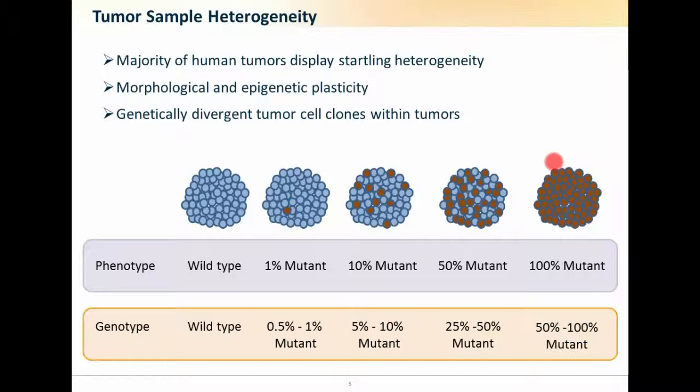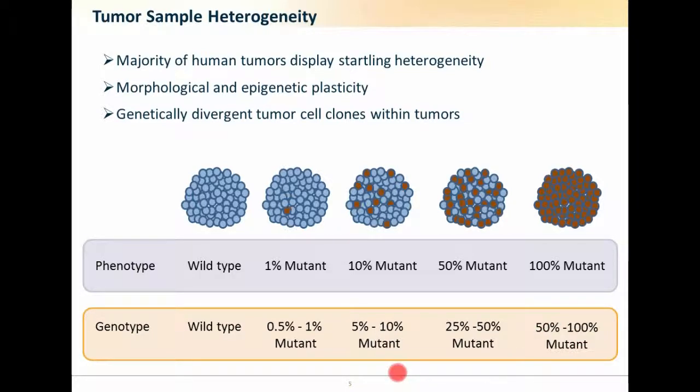And this is at the phenotype level, you may have 100% phenotype, but then when you actually go down to the genotype, whether the mutation that you have incorporated is either homozygous or heterozygous will then govern whether the genotype that you can detect is at 50% or 100%.